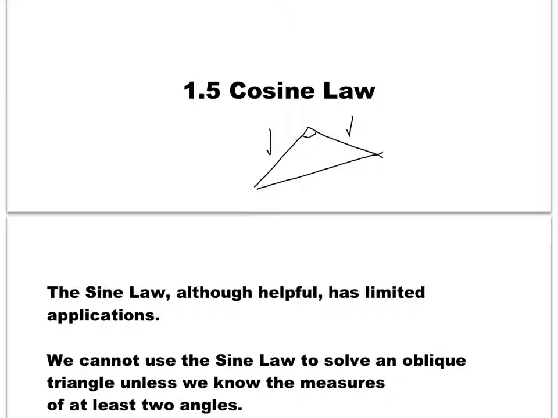As you remember from the sine law, you can use sine law if you have two sides and an angle which is not between the two sides. You cannot use the sine law here because when you write the equivalent ratios, you will end up with two unknowns and one equation, which is impossible to solve. In cases like this one, we are going to use the cosine law.